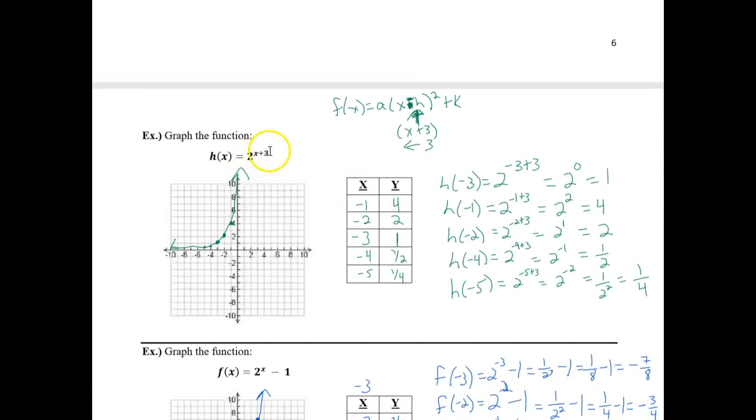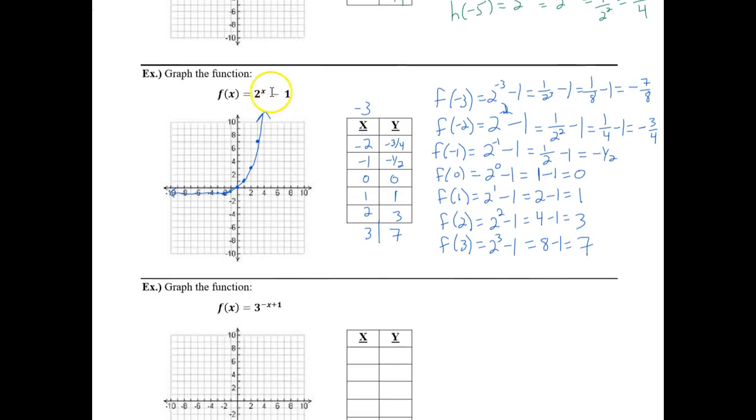Same thing. Even though there was a shift, it shifted left because of this plus 3. There's nothing plus or minus that base with the exponent afterwards. So there's not a plus 2 or minus 5 or anything out here outside of that base and exponent. So again, the asymptote was at y equals 0.